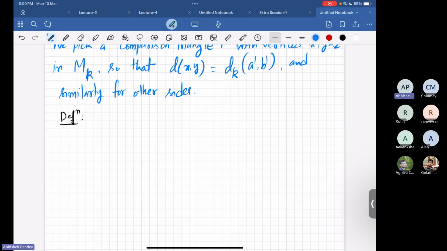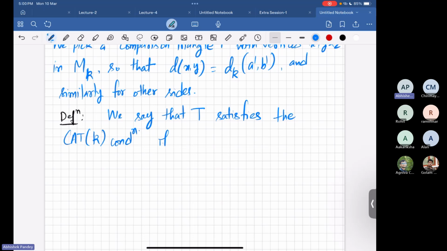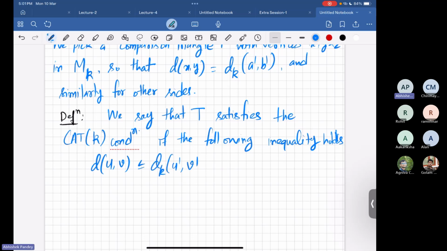The same way we defined CAT(0) spaces, we say that T satisfies the CAT(K) condition if the following inequality holds: d(u, v) is less than or equal to d_K(u', v'), where u' is f(u) and v' is f(v).